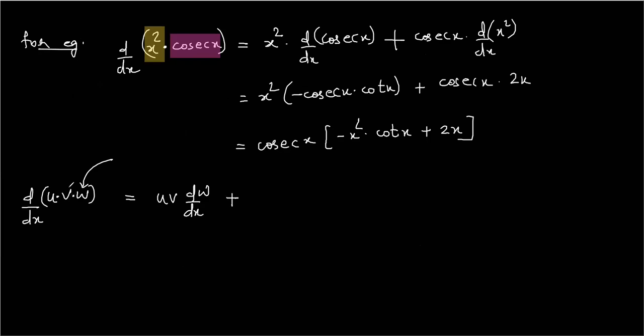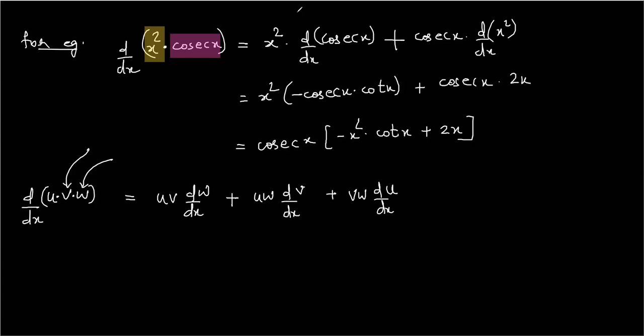Then plus, I will differentiate v this time. When I differentiate v, the other two which are left, that is u and w, I will multiply. And finally, I will differentiate u. What are the two left? When u is differentiated, v and w are left. I will multiply.